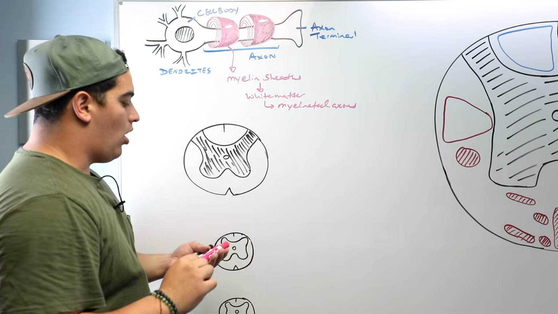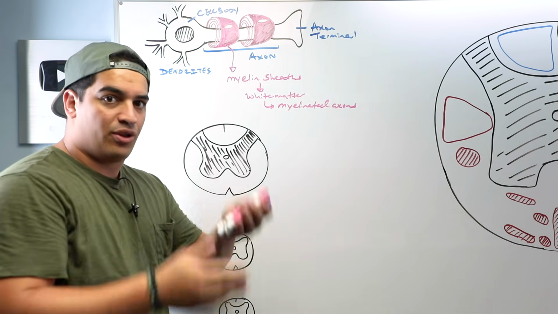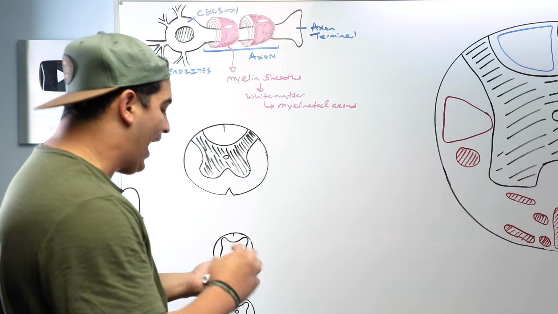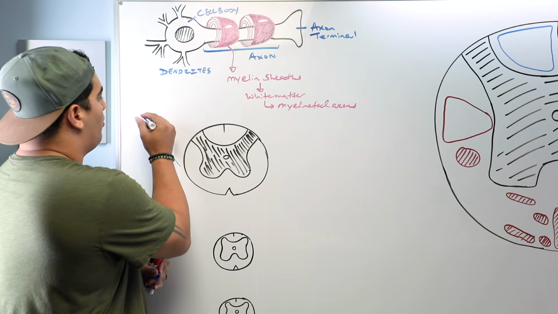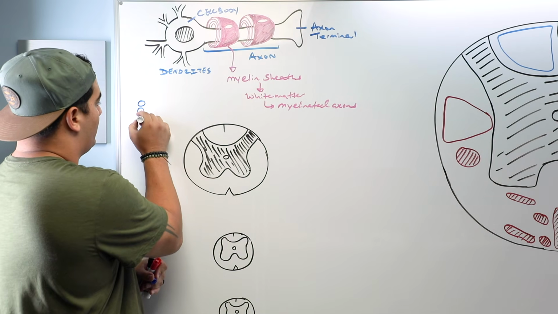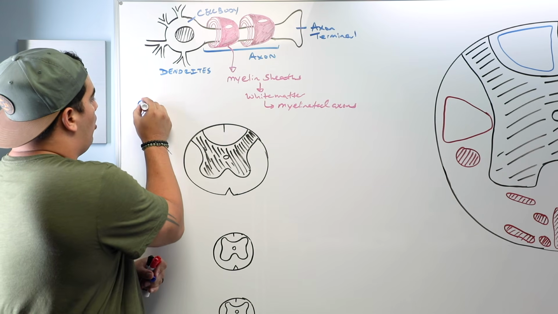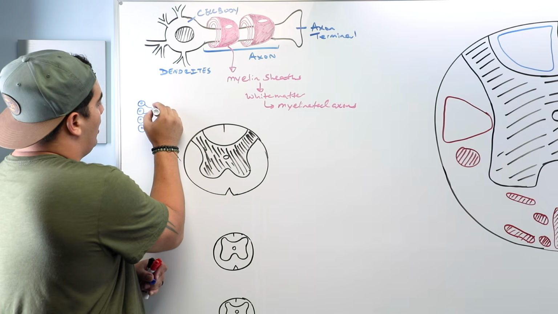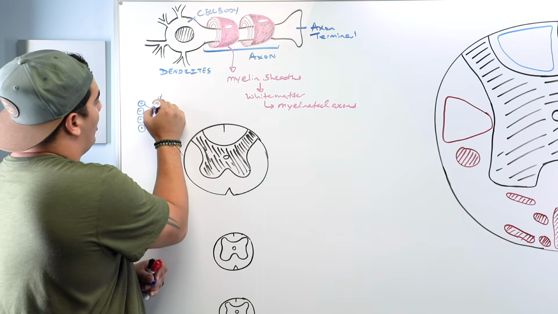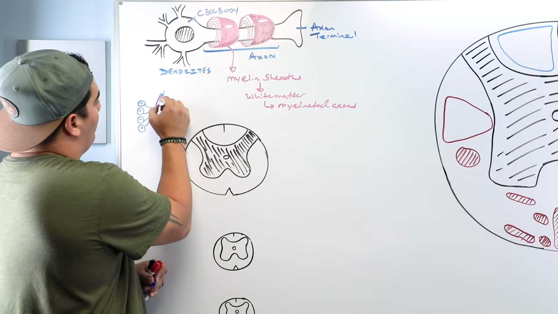The next thing we have to talk about is another term I'm going to be using throughout this video, and that is a tract. If you remember what a tract is, imagine we have a bunch of cell bodies, and all of these cell bodies start giving off their axons. These axons travel up as a bundle.